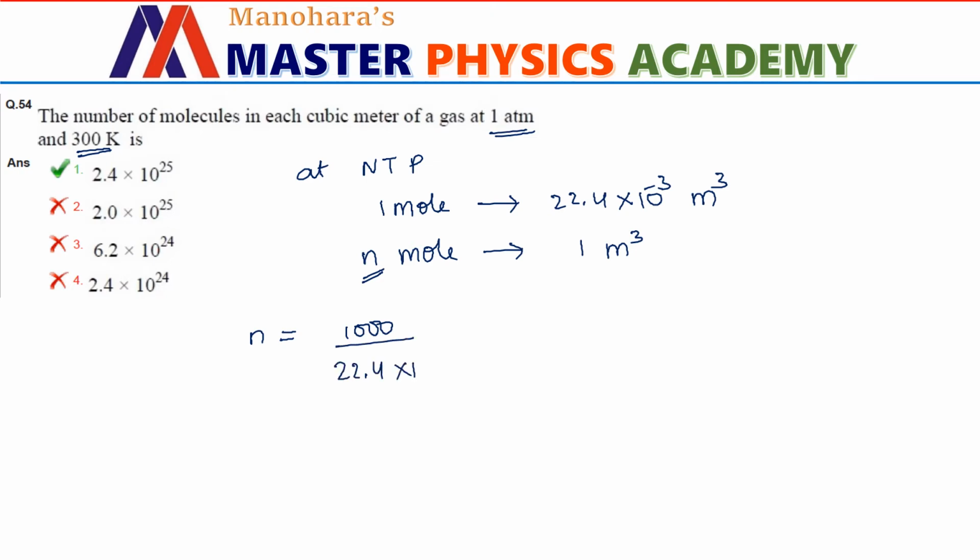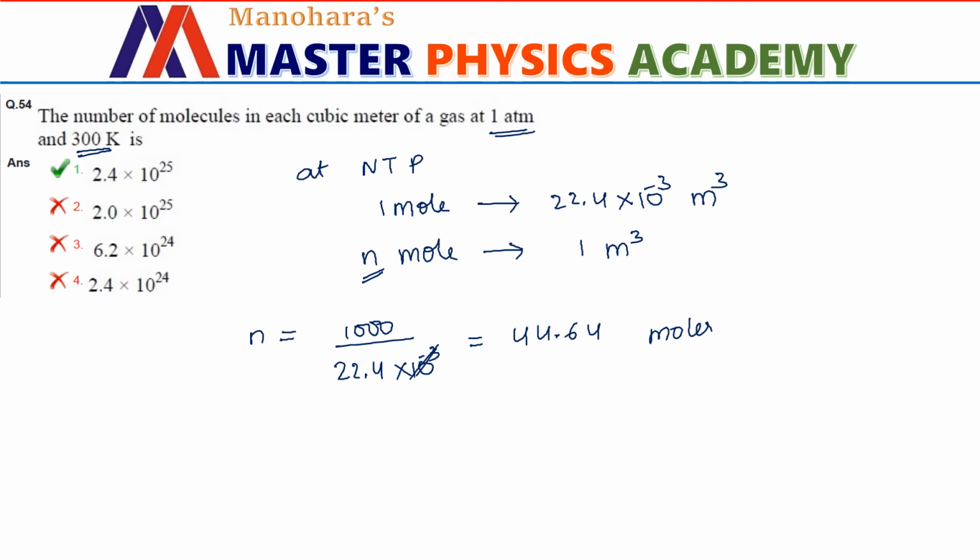This 10 power minus 3 I sent to the numerator, so it becomes 10 power plus 3, that is 1000. Solving this in the calculator, the answer I am getting is 44.64 moles. So these many moles will be there in 1 meter cube of space at normal temperature and pressure.